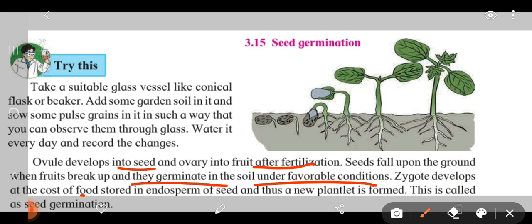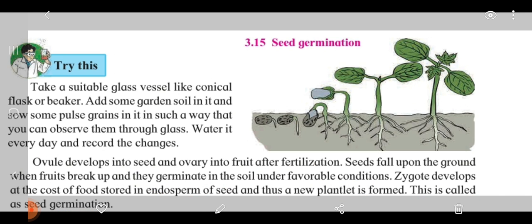You can see from here how it germinates. The zygote develops at the cost of food stored in the endosperm of the seed, and thus a new plantlet is formed. This is called seed germination, where a seed germinates into a new plant, and this all starts from the ovule.